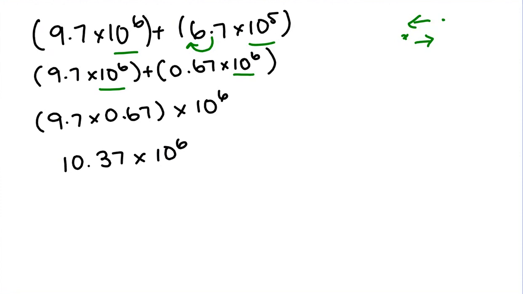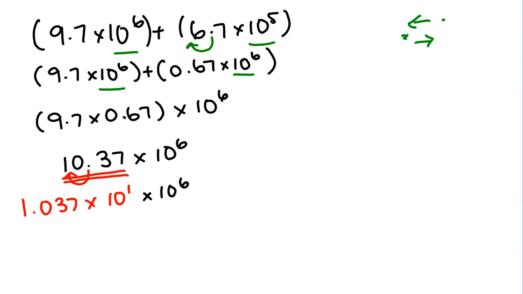We know that we cannot have a number that is more than 10, so we need to change this into scientific notation once more so that we can get this number down. So we have now 1.037 times 10 to the power of 1, and we're going to keep this 10 to the power of 6.